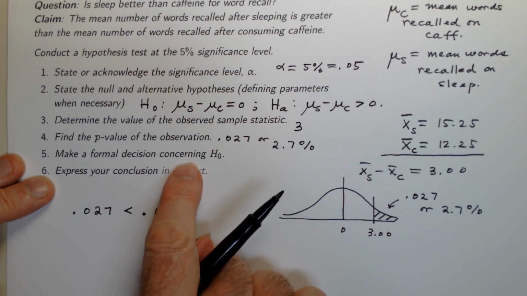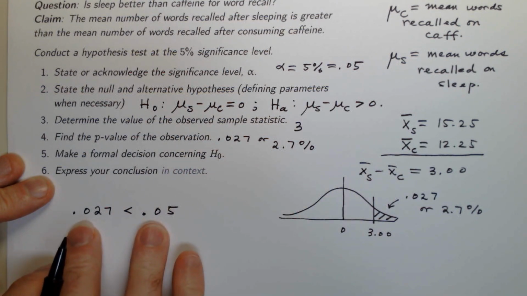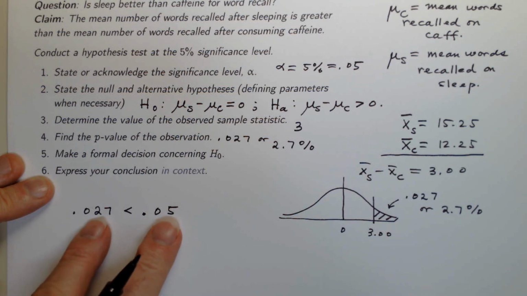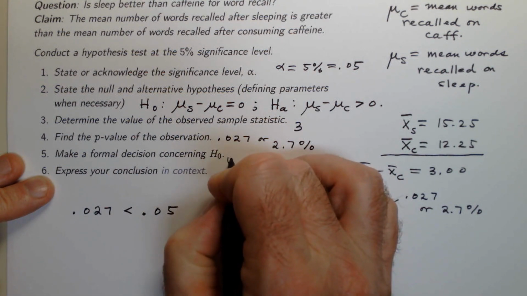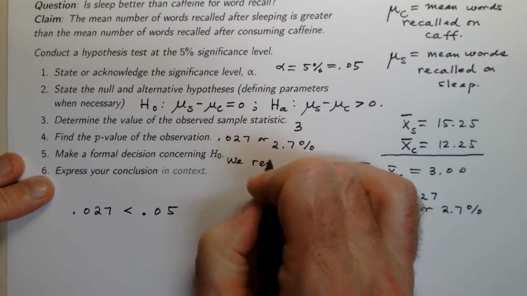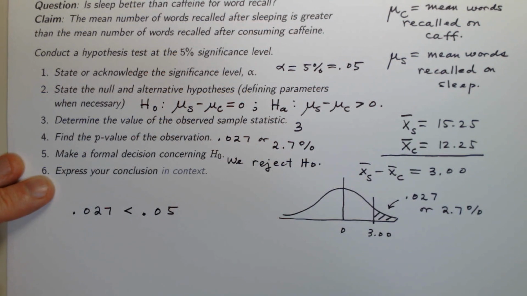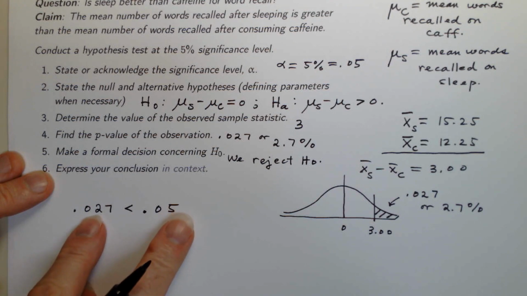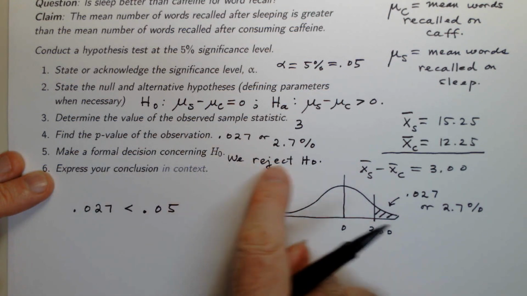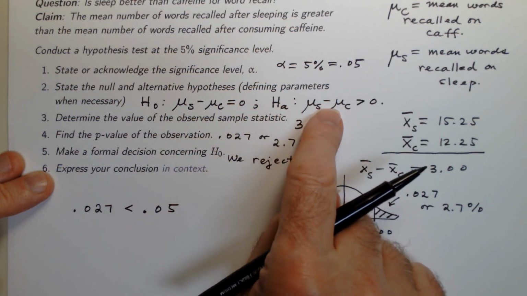So what is our formal decision concerning H naught going to be? Given that the p-value is less than 0.05, our formal decision is going to be we reject H naught, right? We're going to support the alternative hypothesis given this evidence that we found. This small p-value is going to be evidence to reject the null hypothesis and lend our support to the alternative hypothesis.